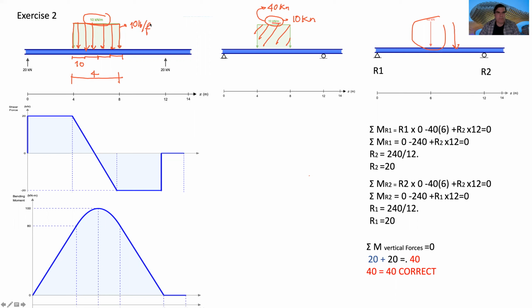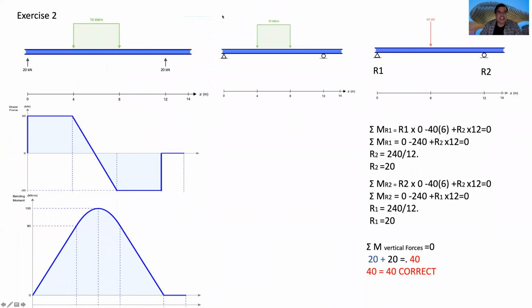Well, when we have this type of distributed force, the curves and the inclined lines in both diagrams will be different, in shear and moment. But for the effects of calculations, it's not necessary to think that we have a distributed force.